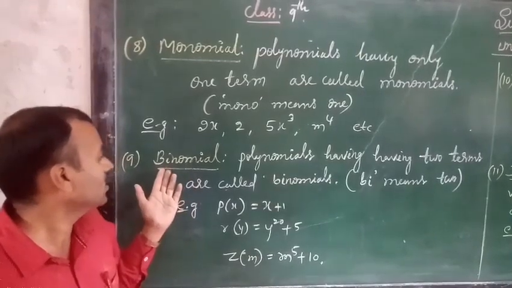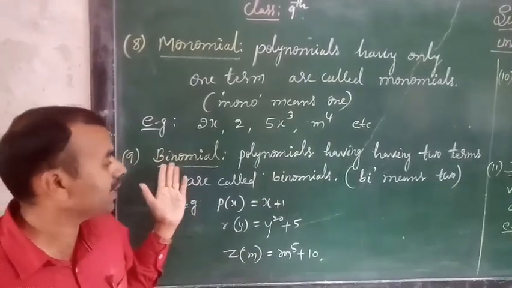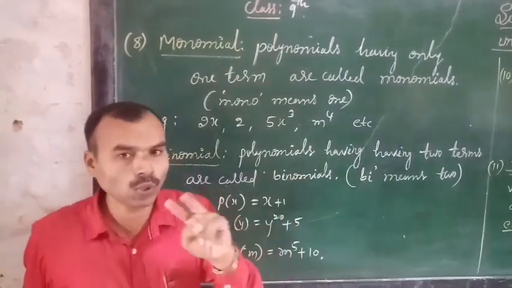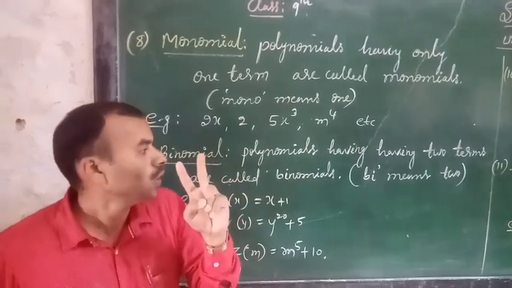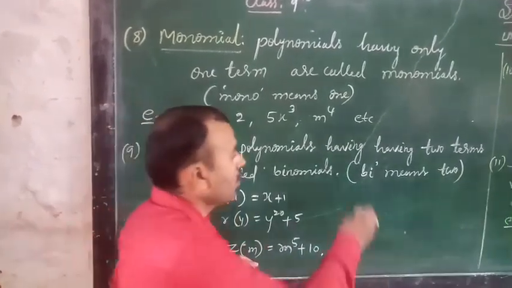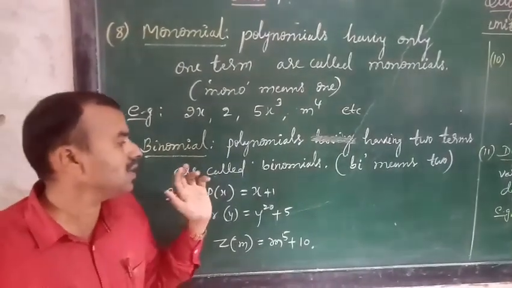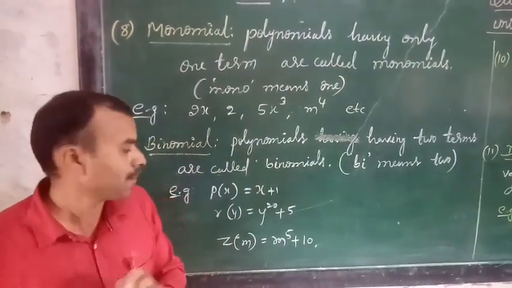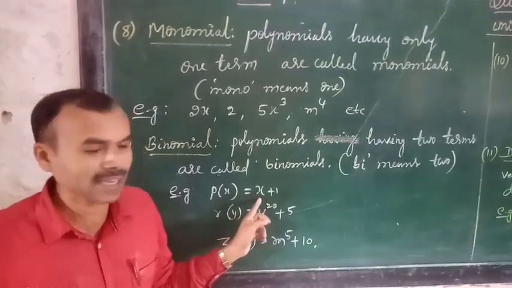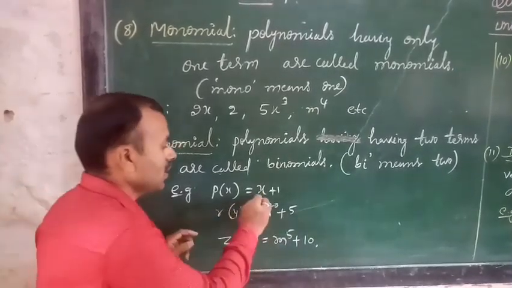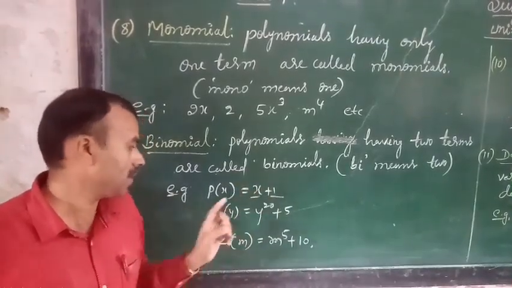So now take binomial. Bi means 2. The polynomials having two terms are called binomials. For example, p of x equals x plus 1. Here there are two terms, x and 1.